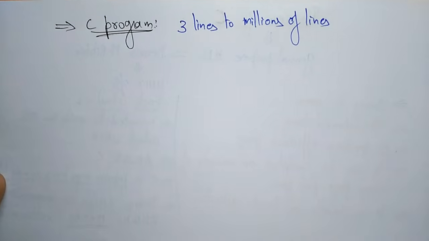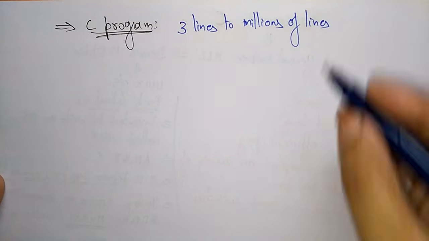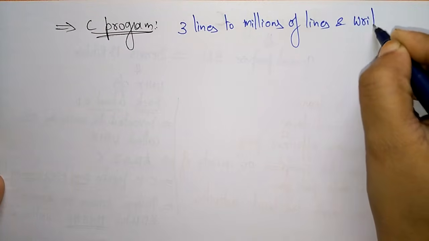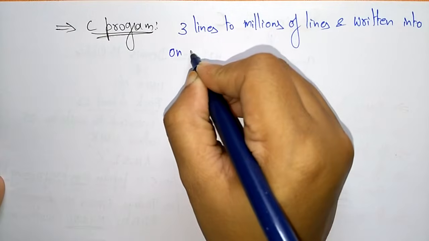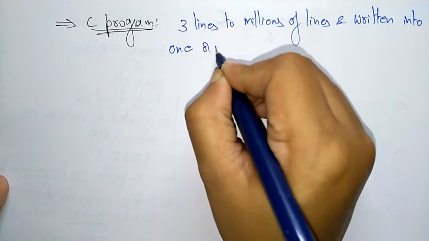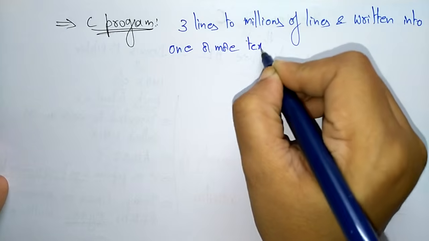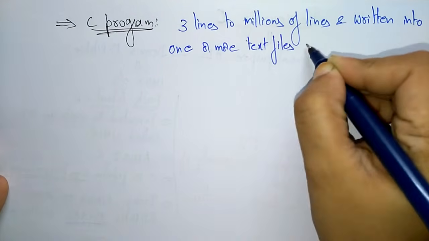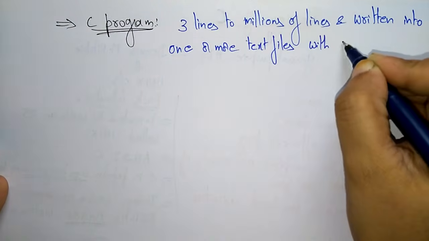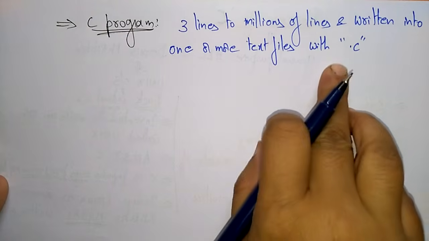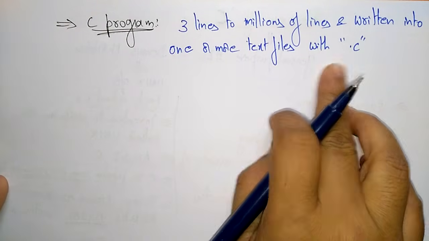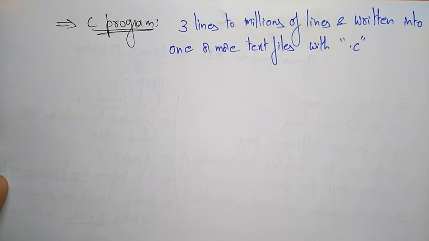So the program code may start with 3 lines and end with millions of lines, and is written into one or more text files with .c. So whatever program we are writing, you have to save the text file with the extension .c. So let us see the structure of the program.